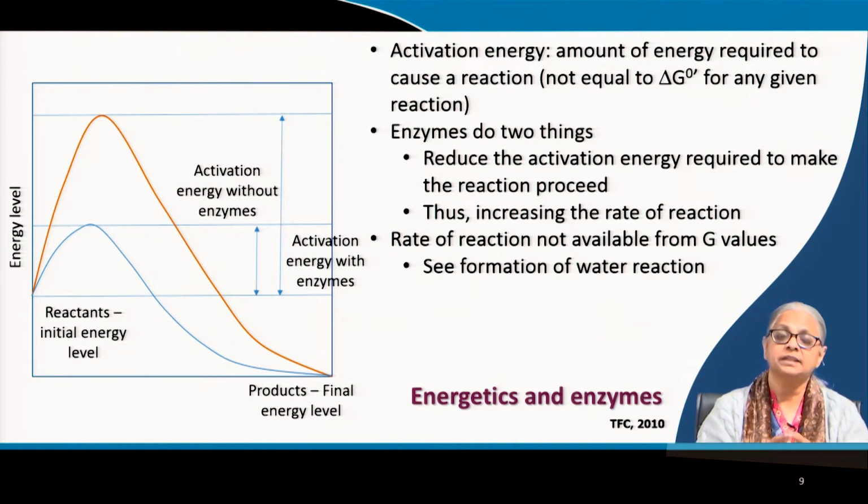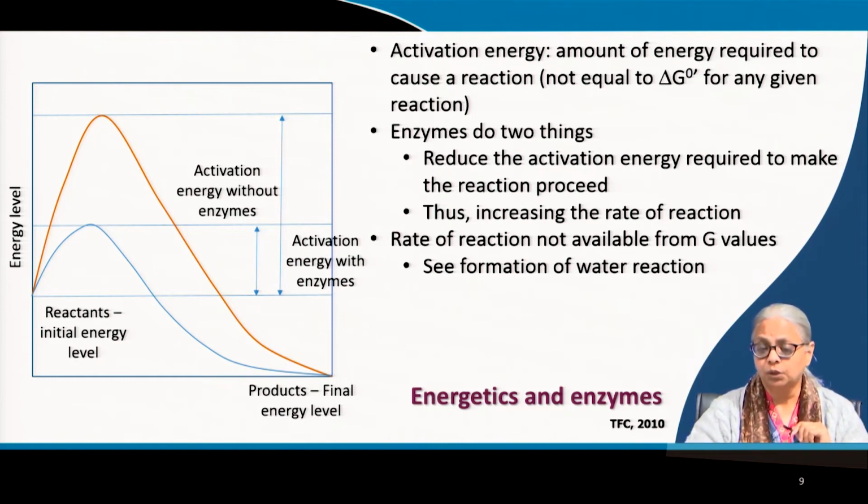They have the enzymes to convert glucose and oxygen in a series of biochemical reactions until the end point is CO2 and water. So that is what these enzymes do. They reduce the amount of activation energy required to make the reaction happen, and thereby they also increase the rate of reaction. So like I said, we know that when we're feeling tired, we take some sugary beverage.